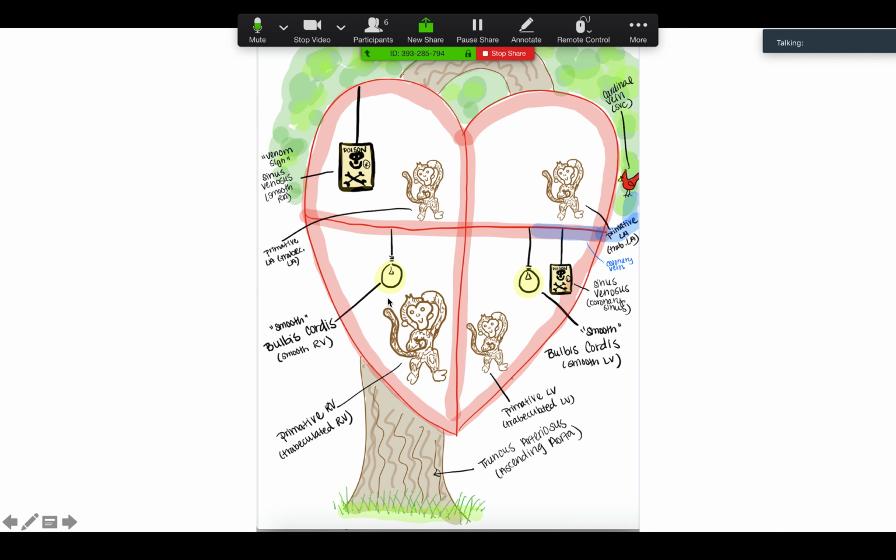The smooth bulbus cordis is going to be in both of the ventricles. The cardinal vein, so it's a little cardinal bird, is going to be sitting right here on our coronary vein. And so, I don't know, I'll try to find the video, though. It was pretty helpful.